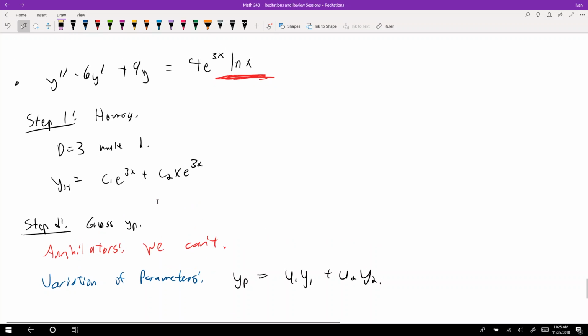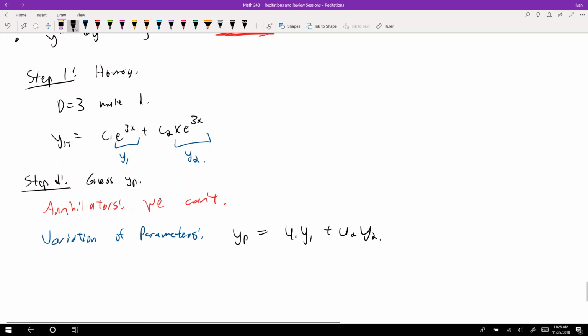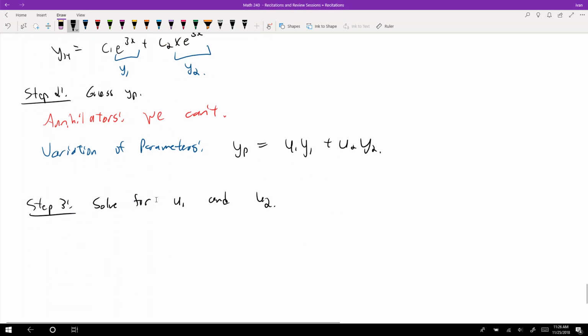And what's y1 and y2? Well, that's going to be y1, this is going to be y2. So step 3 is to solve for u1 and u2, which then becomes the following.